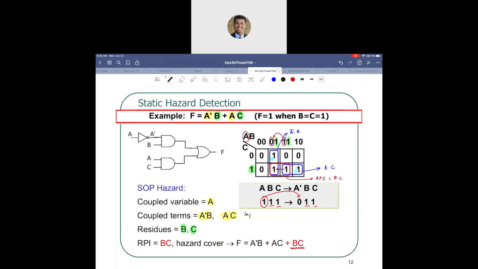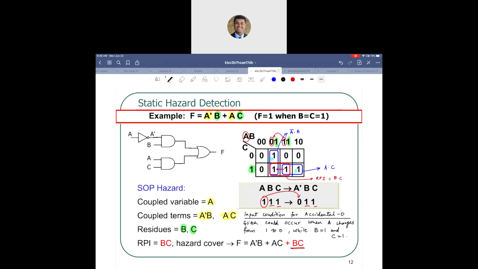Input condition for accidental 0: the glitch could occur when A changes from 1 to 0 while B equals 1 and C equals 1.